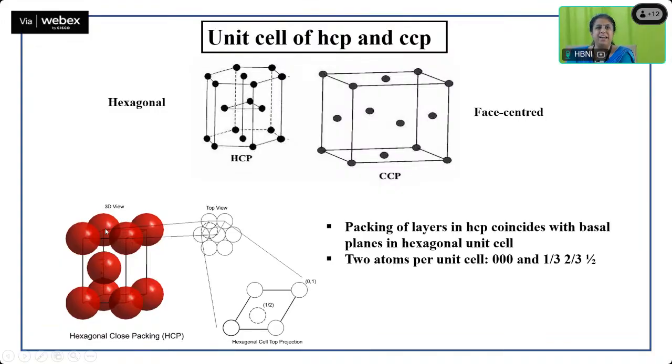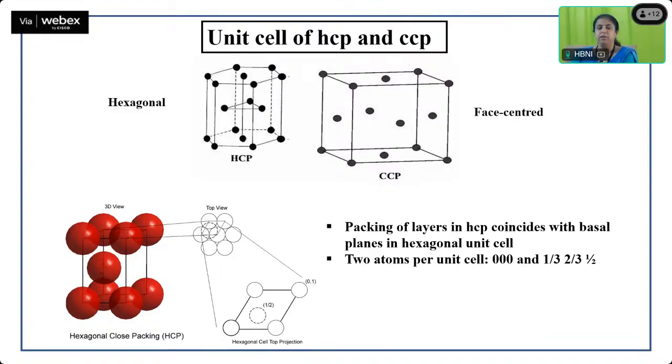So this is shared by 8. So when I say that there is an atom at the lattice point 0, 0, 0 in your unit cell, it should immediately tell you that all the 8 corners of the cell are occupied. All of them have one coordinate, that is 0, 0, 0, and they make only one lattice point.